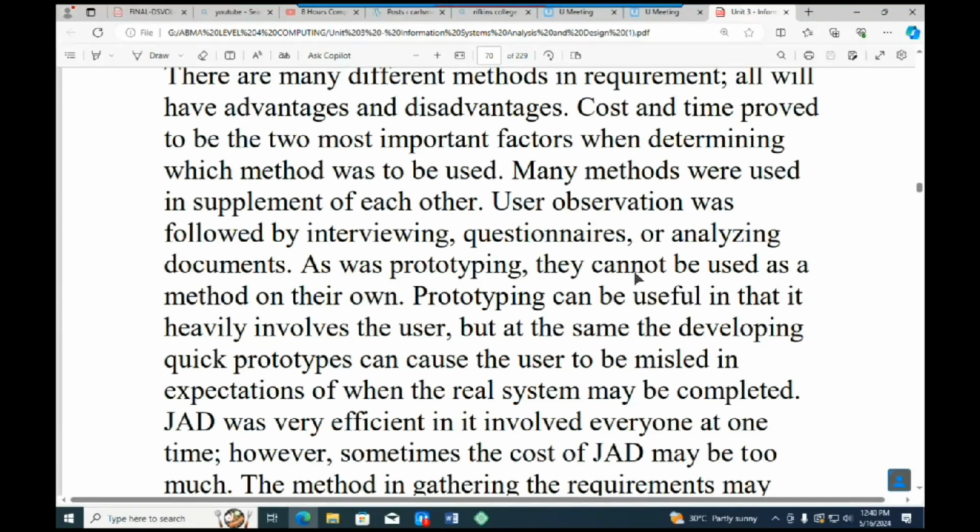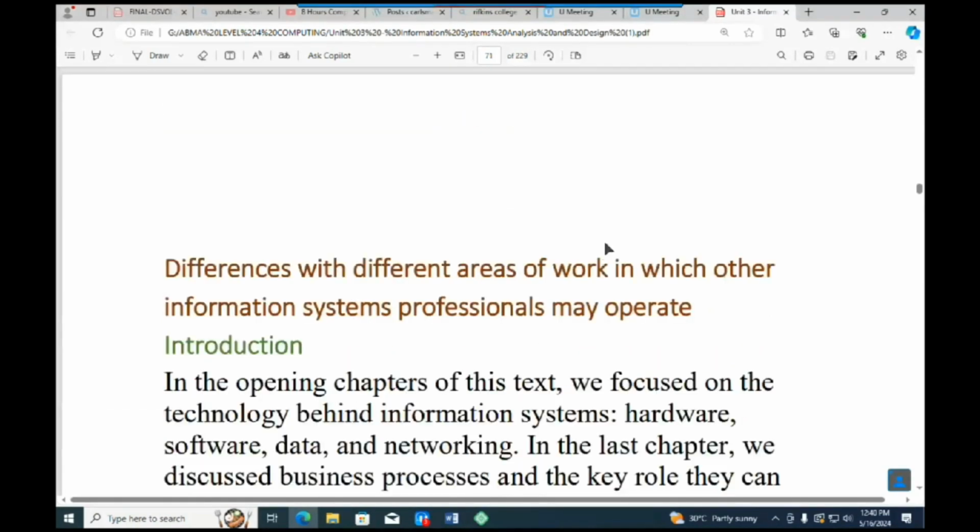So we have many methods that can be used to supplement each other. Like we've mentioned about the prototyping, we've talked about the review of existing documents. The user observation can be used in interviews. We can do that in questionnaires. We can do that in analyzing documents. So we can use some methods together with other methods.